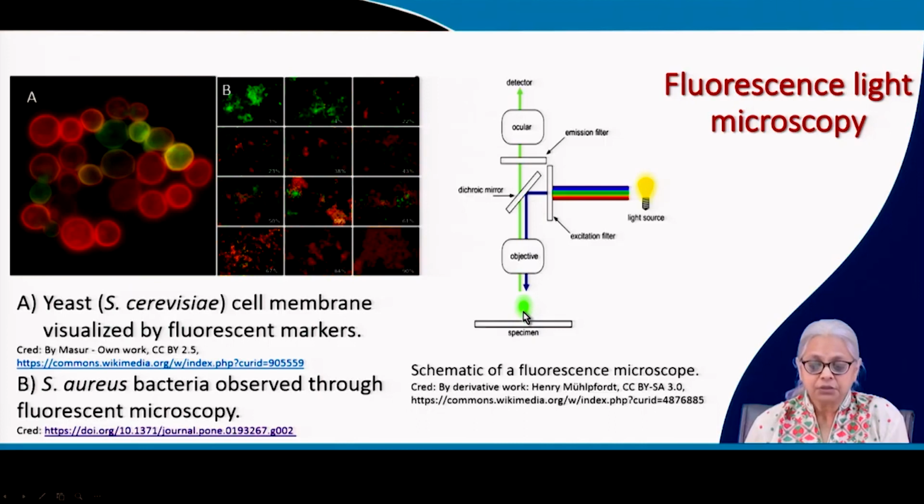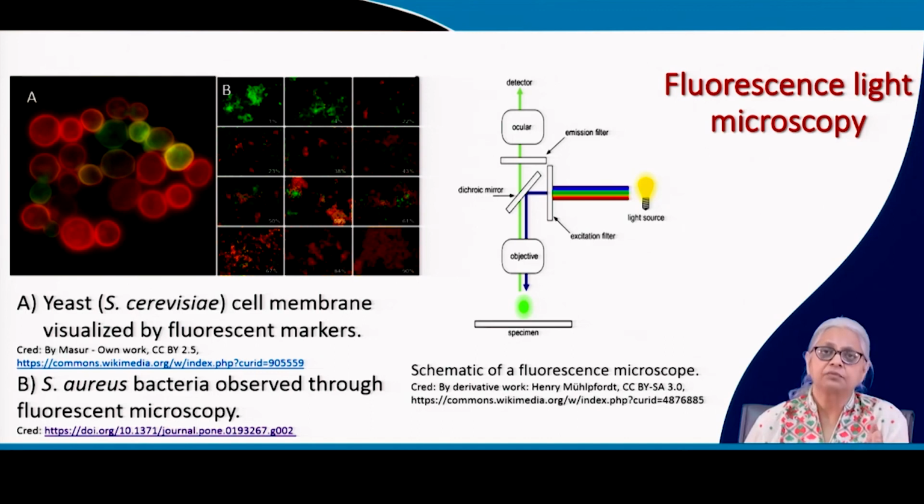This light is incident on the object, and then the wavelength that is emitted by the object is a different wavelength. So that goes through the dichroic mirror and then through the emission filter and the ocular lens, finally to the detector. So this is what you are looking at.